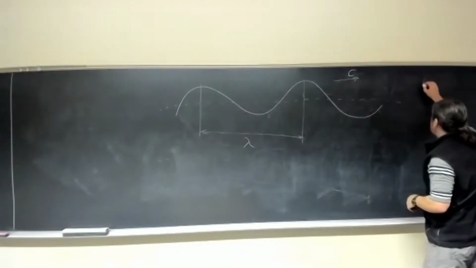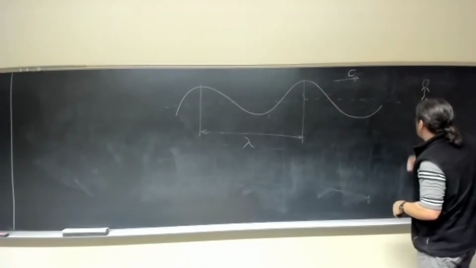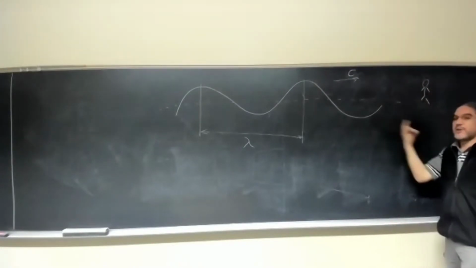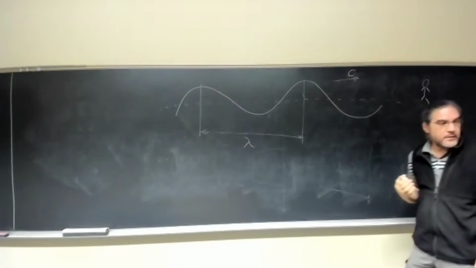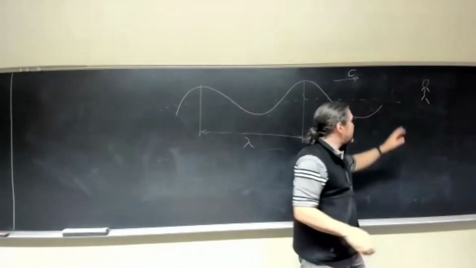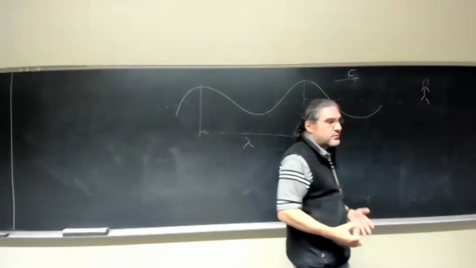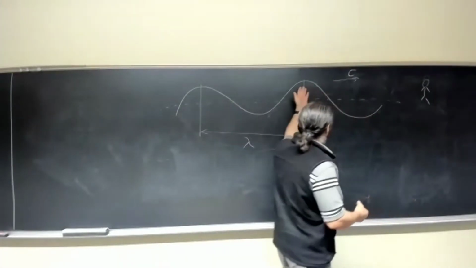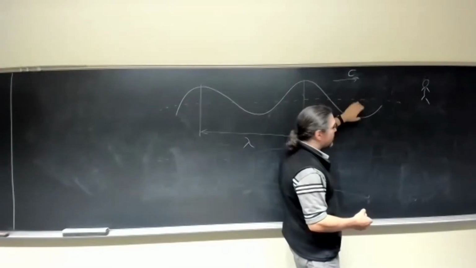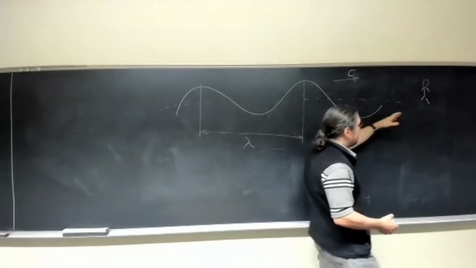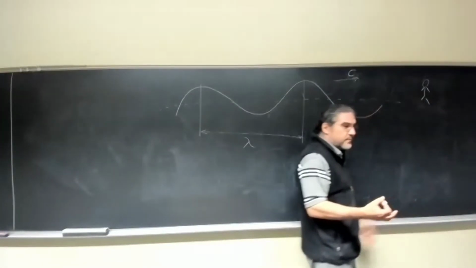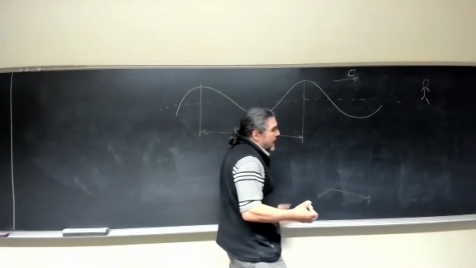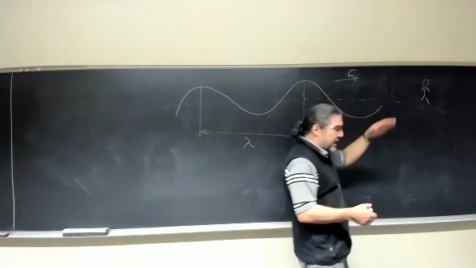You sit here, and you observe that wave coming at you, and you can only observe what's happening right at you. So what you will see is that if it's sound, the pressure goes up and down with time, up and down, up and down.